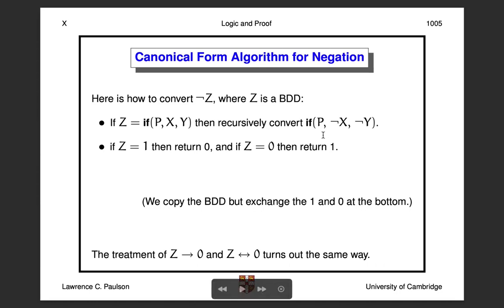So you see the effect of all this is simply to make a structural copy of the BDD identical except at the very bottom where we have 0 and 1 exchanged compared with the original BDD. And it now should be obvious that in this new BDD, you will always get the negation of what the original BDD would have given you.